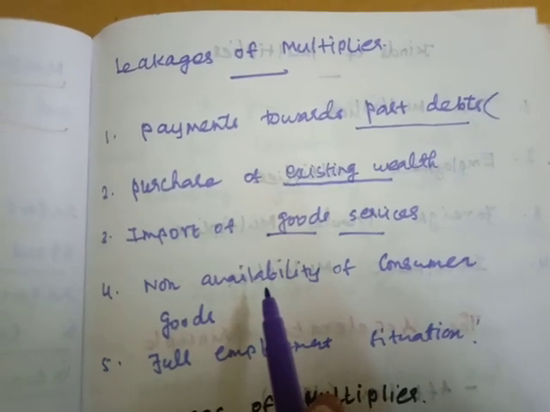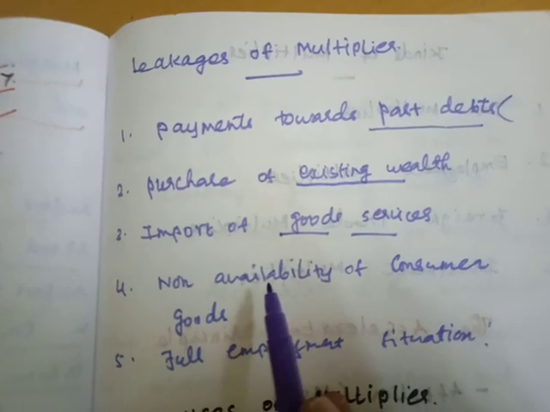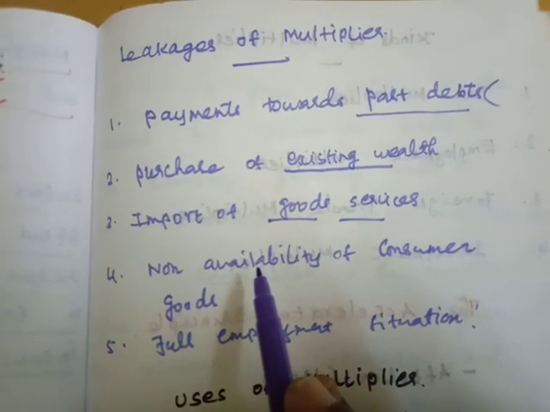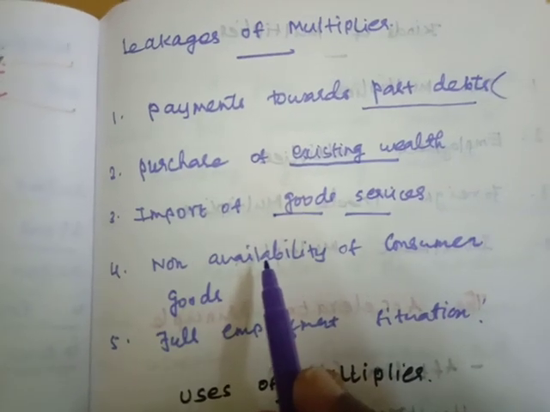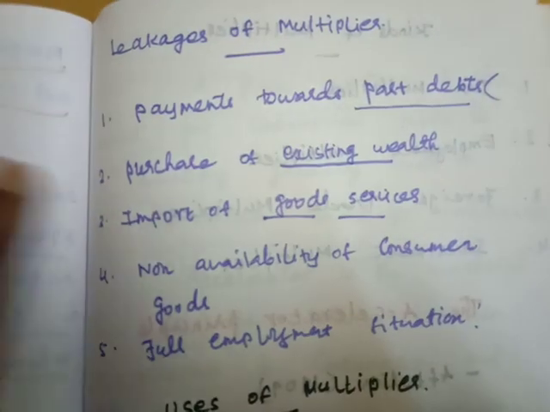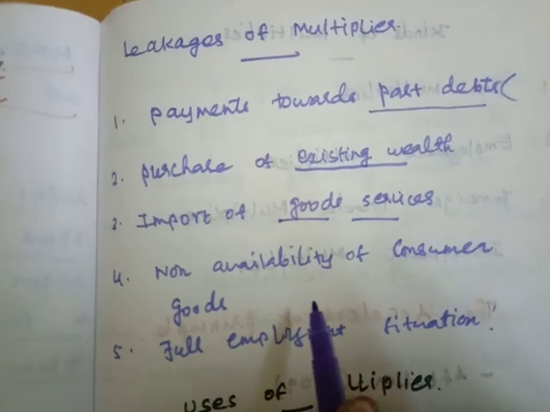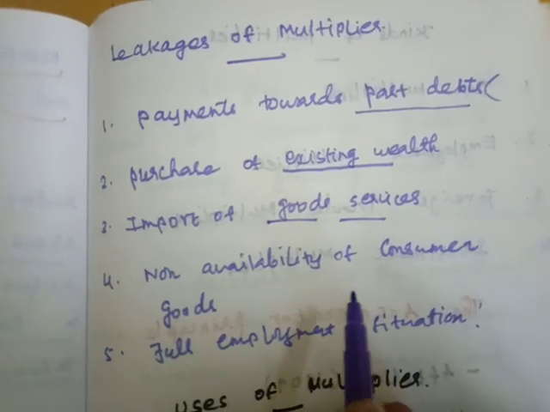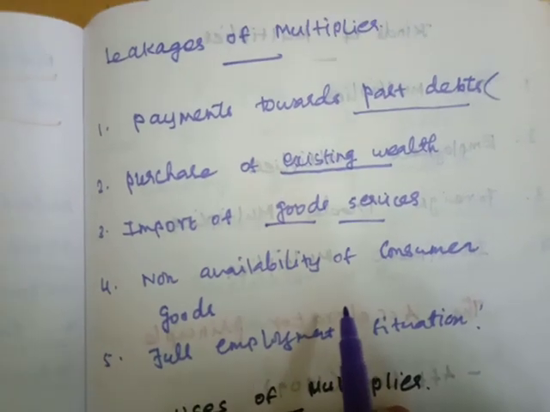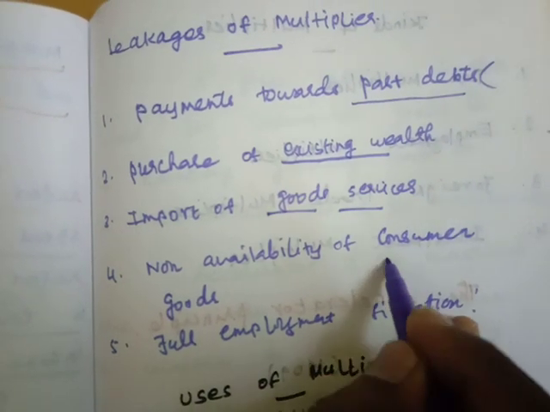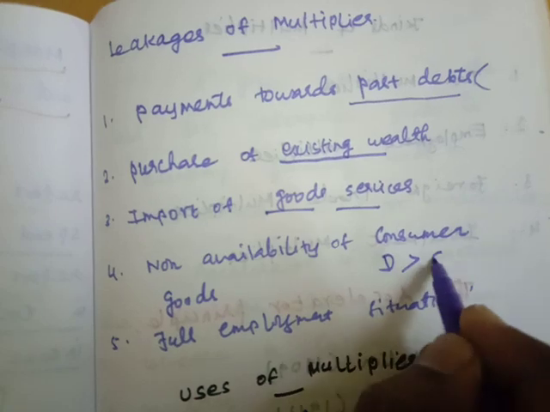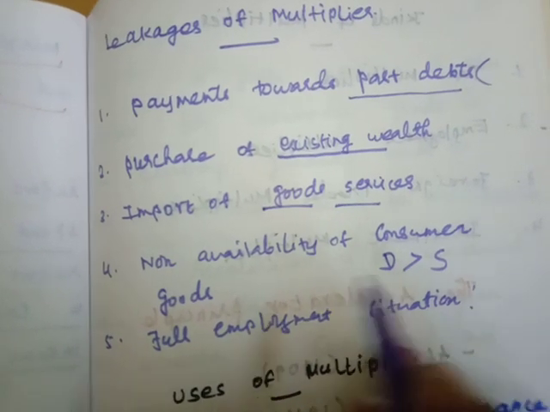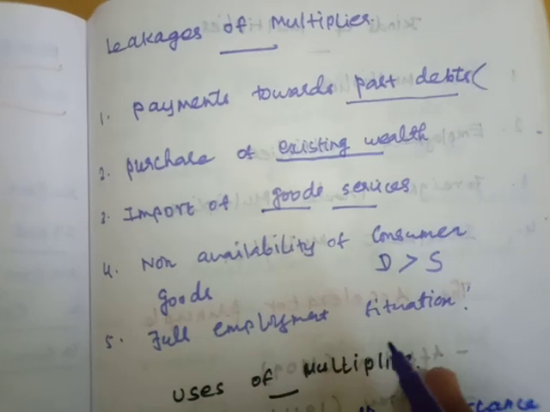And the fourth one is non-availability of consumer goods. The multiplier theory assumes the instantaneous supply of consumer goods following demand, because all the consumer demands are fulfilled by the production of goods and services, but there is often a time lag. We need some time. During this gap, demand is greater than supply. Inflation is likely to rise, because inflation means a steady increase in the price level.